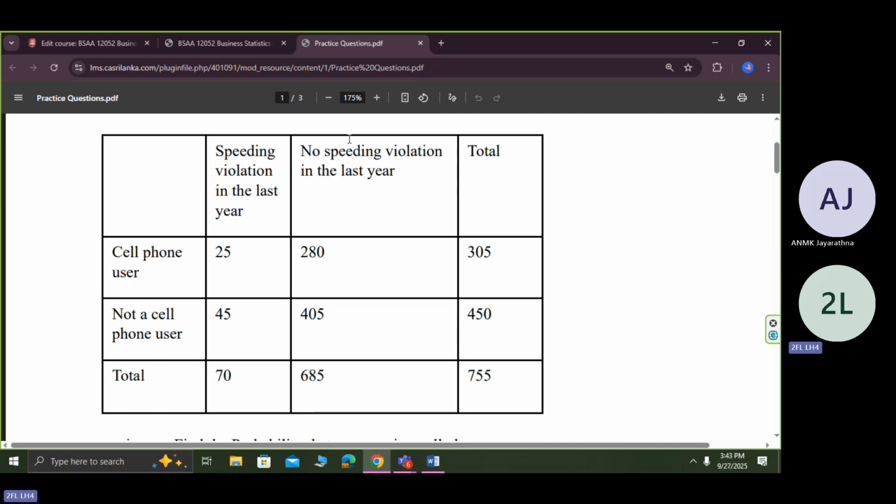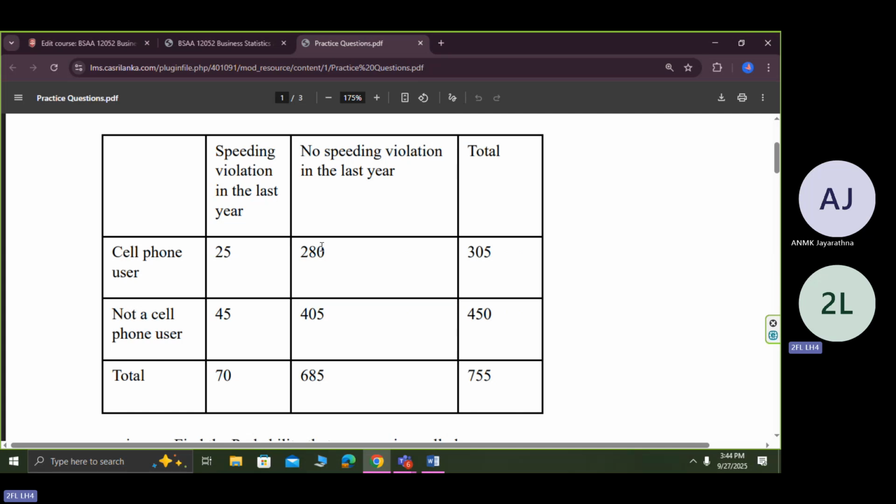Then how many of them had no speeding violation? Tell me. 685. Out of that, how many are cell phone users? 280. What is the probability? 280 over 685. Why? The first event is that they had no speeding violation.